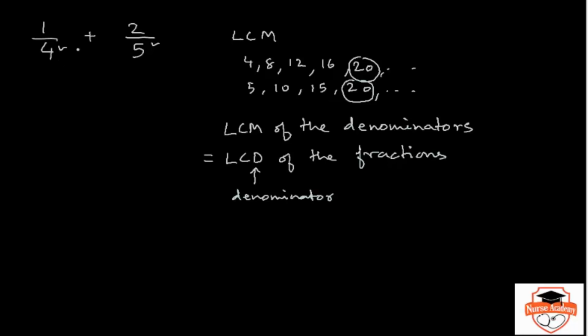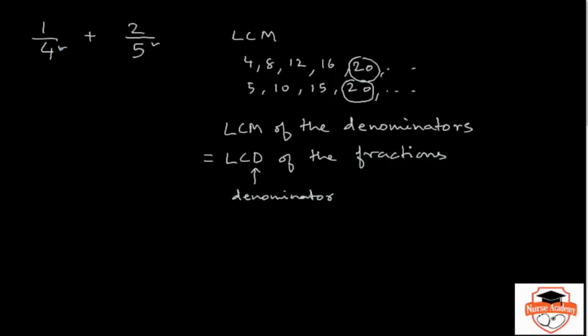So we would say 20 is the LCM of 4 and 5, or we would say 20 is the LCD of 1/4 and 2/5. And our job is to make use of our knowledge on equivalent fractions and change both of these numbers to 20.